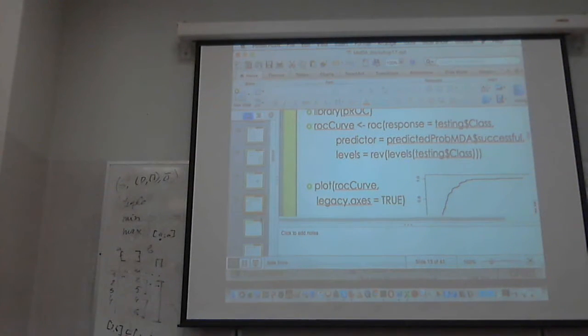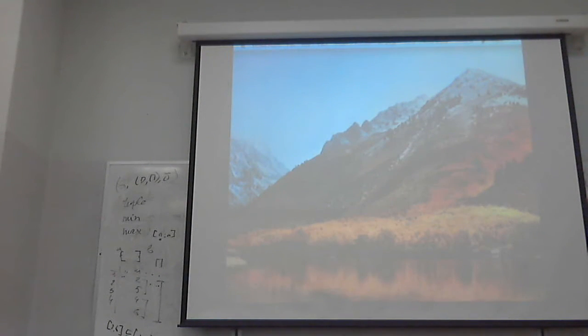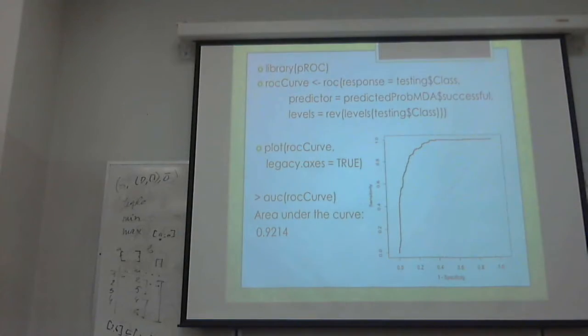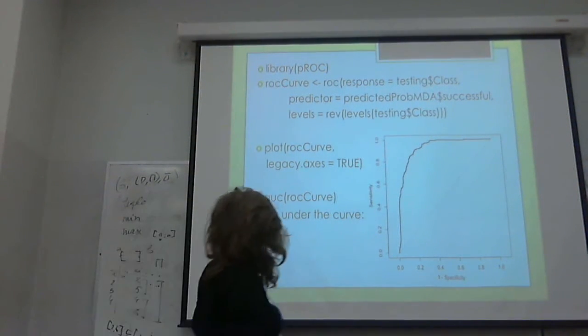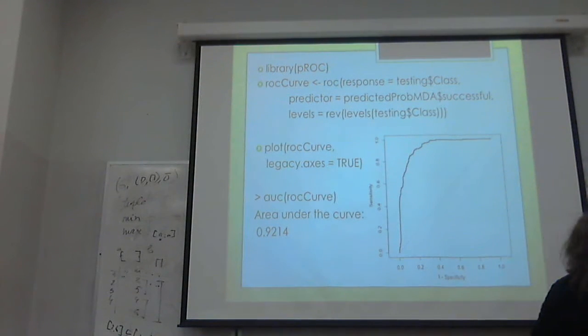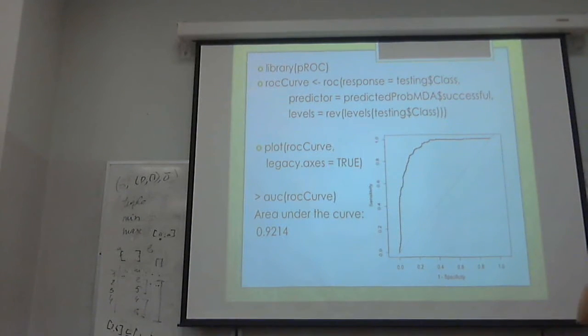Predict class, predict probability, then you create a confusion matrix and you do ROC curves. Okay, here we are. What are the numbers I have here? Actually the same, yeah, because it's my model, you must have the same.